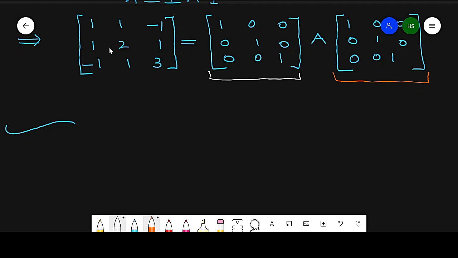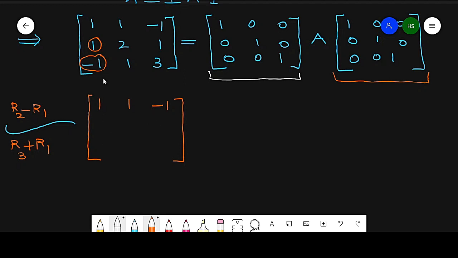Now to make these values 0, I will operate the row operations R2 minus R1 and R3 plus R1. So the first row stays the same: 1, 1, and minus 1.